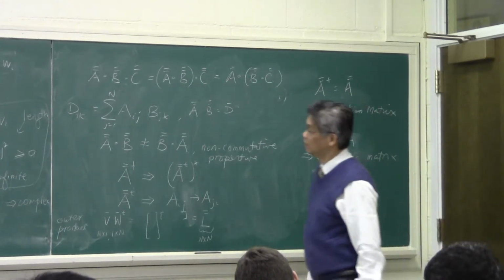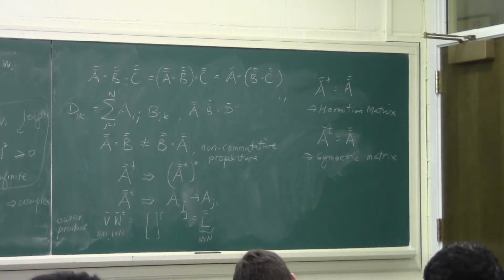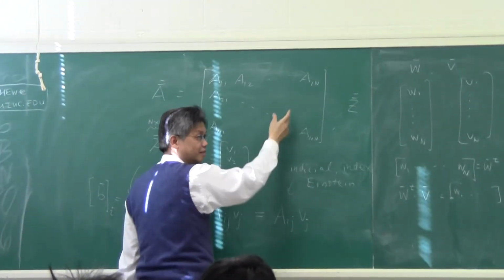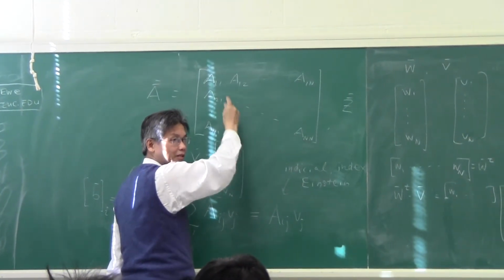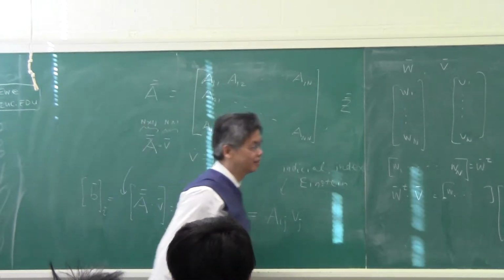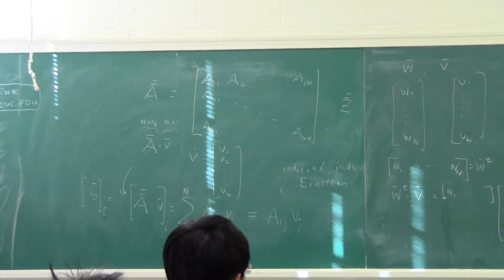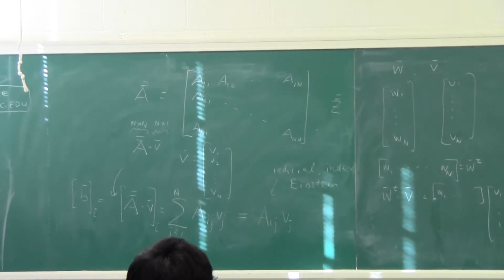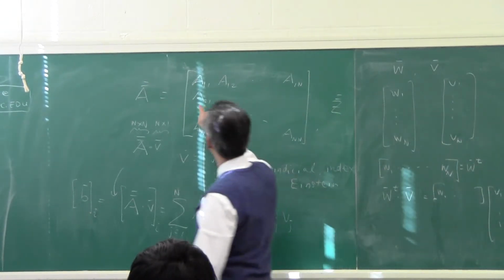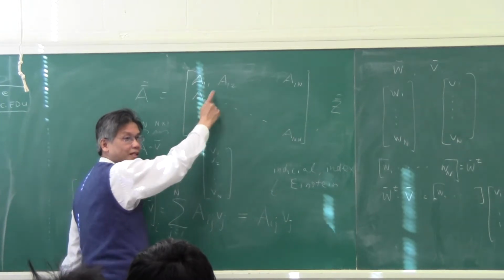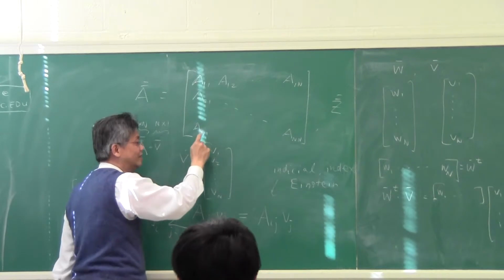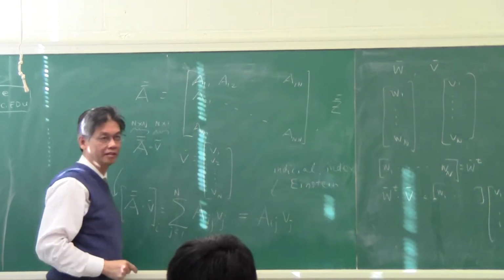You can see that if its transpose is itself, that means that this element must be equal to that element, this element must be equal to that element, and so on. This matrix has a kind of symmetry along this diagonal. That is the meaning of a symmetric matrix. But if it's Hermitian, it has something more than that. It says that this element is not equal to that element, but they're conjugates of each other.